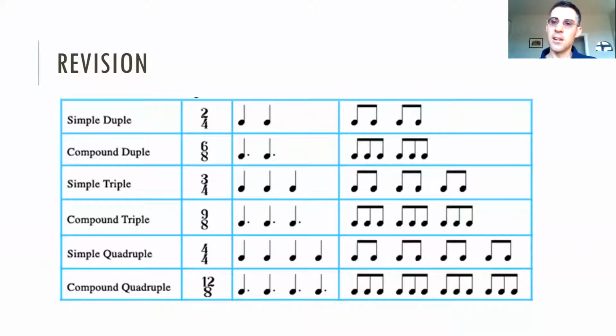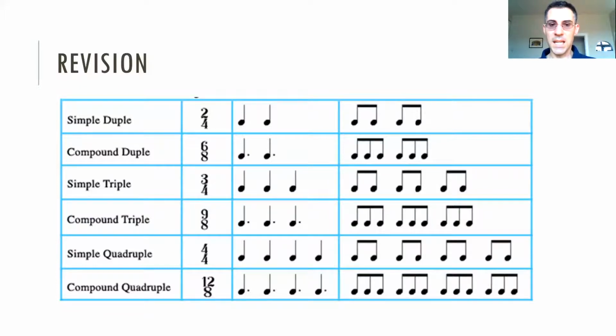And we learned that there are basically 2 different systems of time. There's simple time and there is compound time. Simple time, the pulse divides into 2. In compound time, the pulse divides into 3. Okay, so if we look at the table over there, simple duple, 2/4 time, the pulses are crotchets, and those crotchets divide into 2 quavers each.